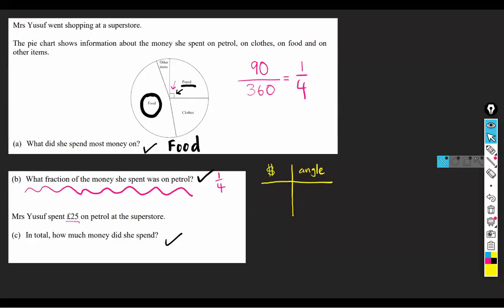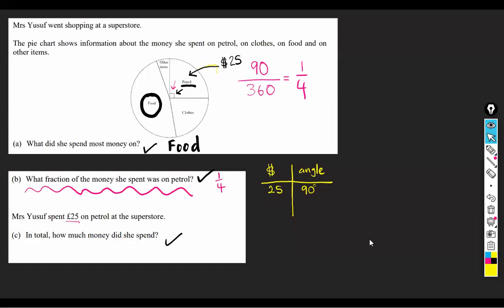First of all, we need a relationship. Remember, the examiner told us the cost of the petrol. They just said it in the question. The cost associated with the petrol, I know they use pounds, but I just put the dollar sign, is $25, right? And the angle representing petrol is 90. So that means 90 degrees is how much money? $25. Everyone agrees with that?